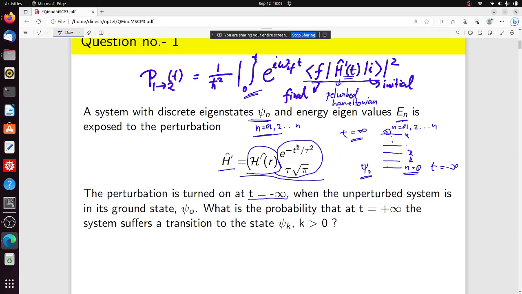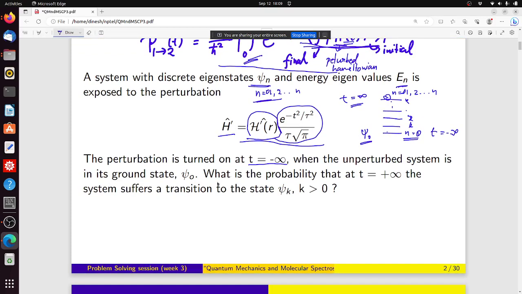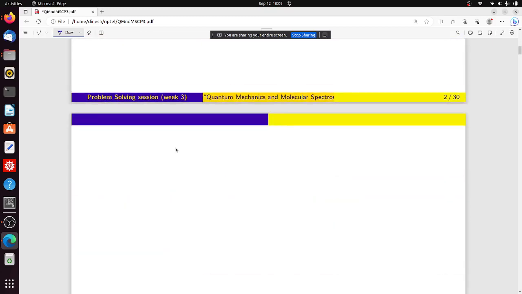We have the formula here and this perturbed Hamiltonian. First thing we have to do is calculate this matrix element f, h prime of t, i.